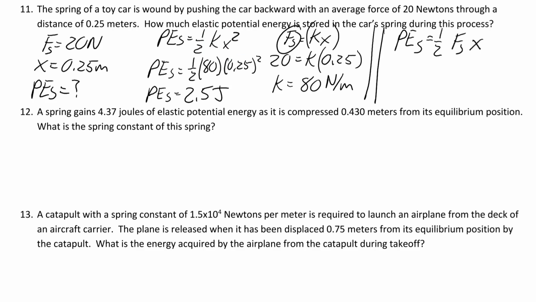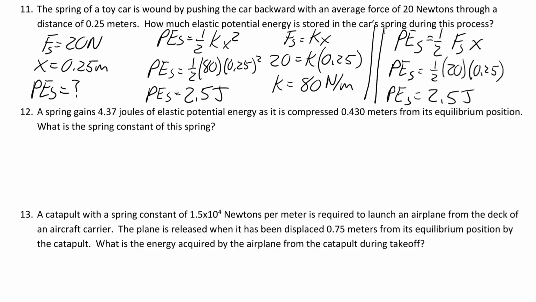We expanded that out so that we could easily plug in for F, because it's kx, not kx squared. So you do have another x over here. Now we have an equation where there's only one unknown, because we know the force is 20 and x is 0.25. So you take 1/4 of 20, multiply that by 1/2, and you get 2.5 joules.